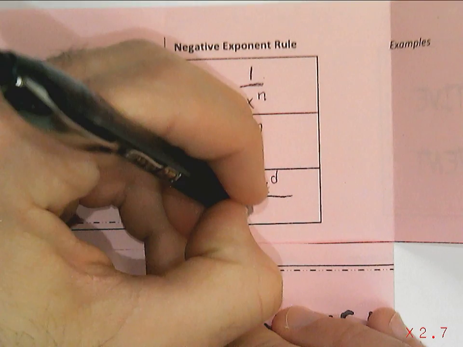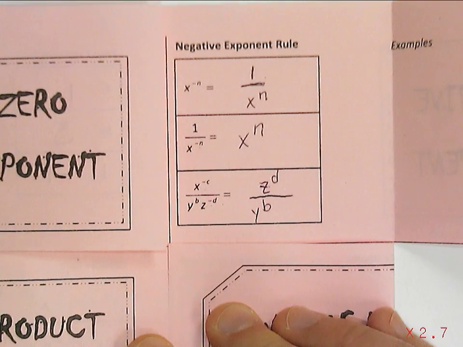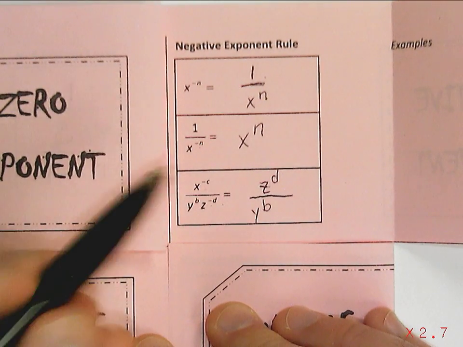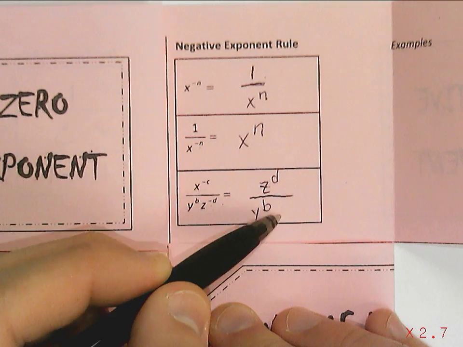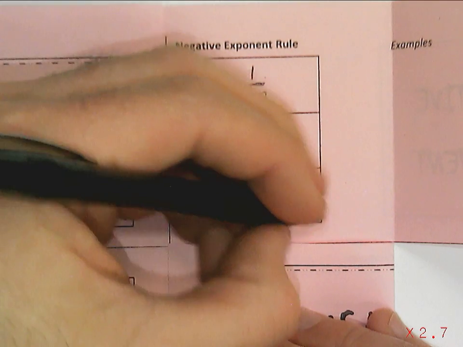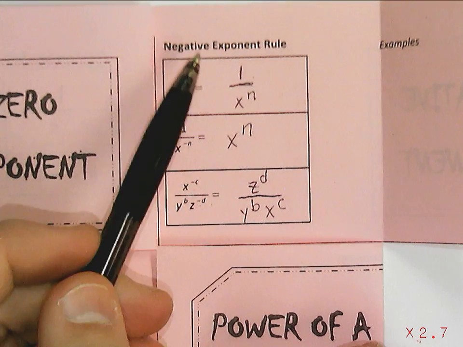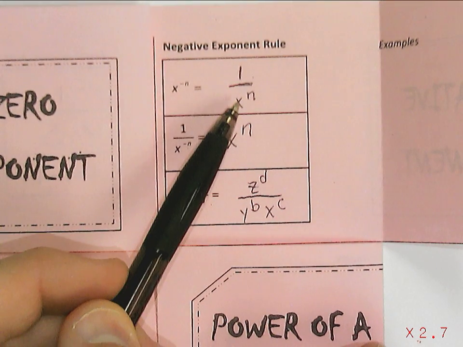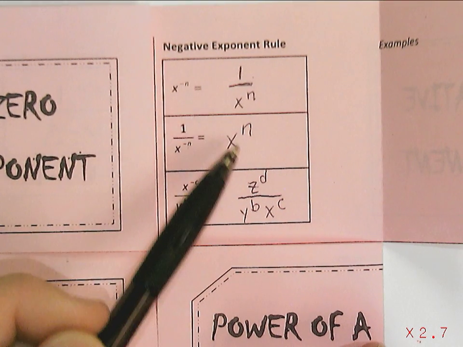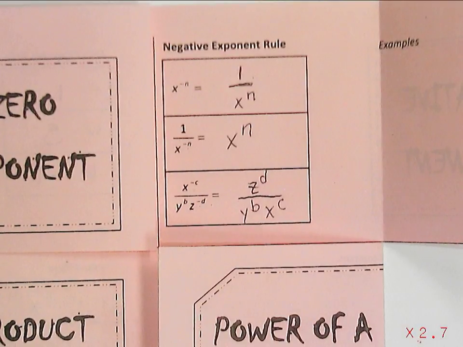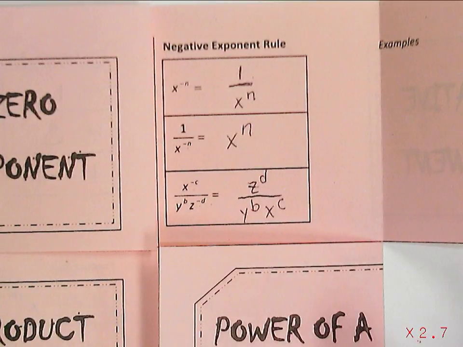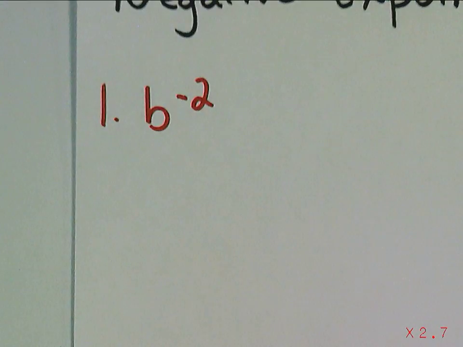Y to the b would still be in the bottom. And z to the negative, or I'm sorry, we moved that. Then this x to the negative c would have to come to the denominator. Then it would just be x to the c. So with negative exponents, you're either moving things to the numerator or you're moving them to the denominator. That's really all you're doing with that. So let's go ahead and try this quick then with the examples that we have.